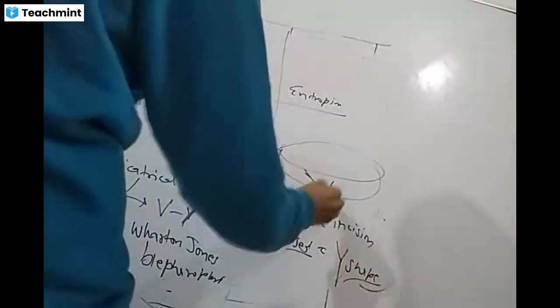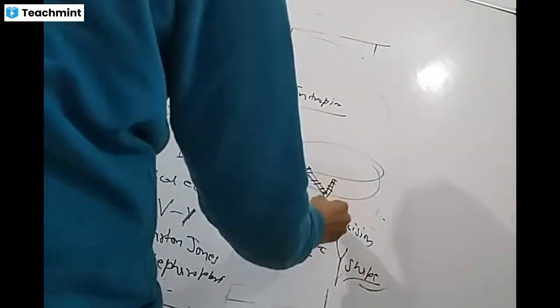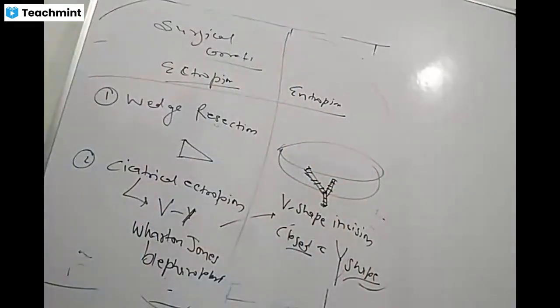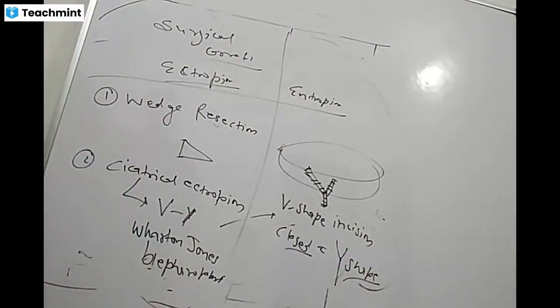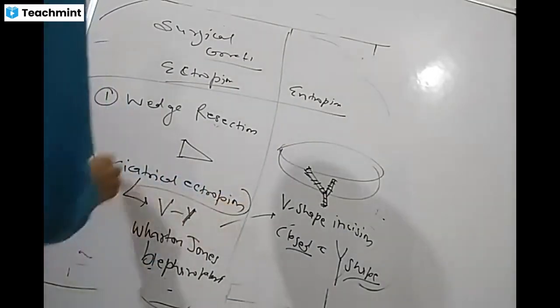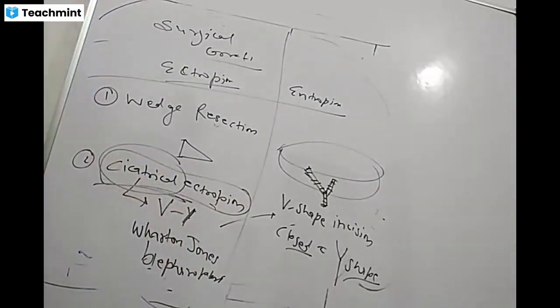This VY blepharoplasty is used for the cicatricial type, where a scar leads to contraction and then ectropion. For the others, the simple technique is wedge resection. We cut a piece in the form of a wedge.